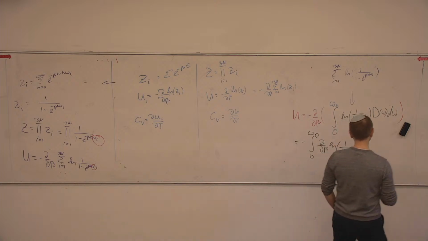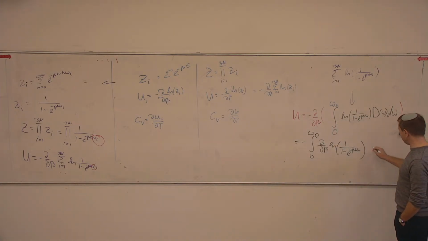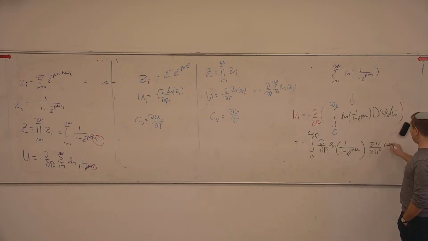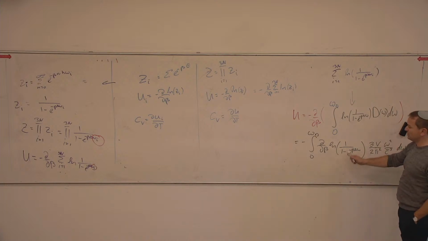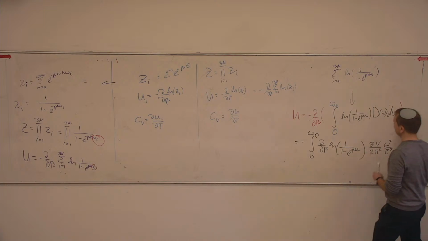And here I have the density, which was, please remind me, 3V omega squared over 2 pi squared c_l to the third, something like that, right? Seems correct. And here I have the omega, independent of beta. The only thing that depends on beta is just this logarithm over here.